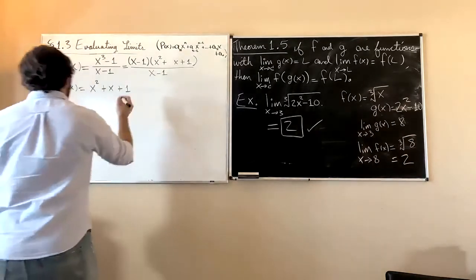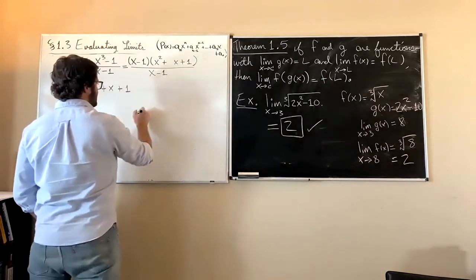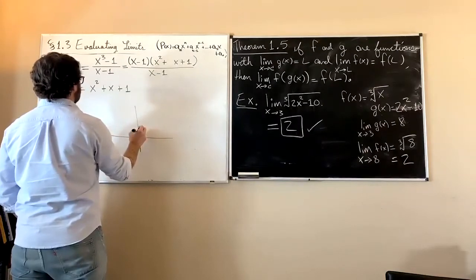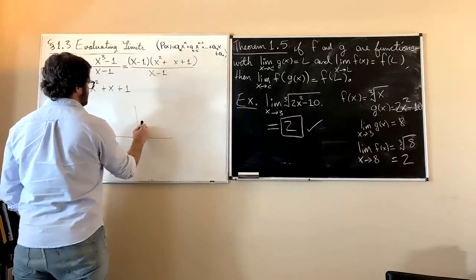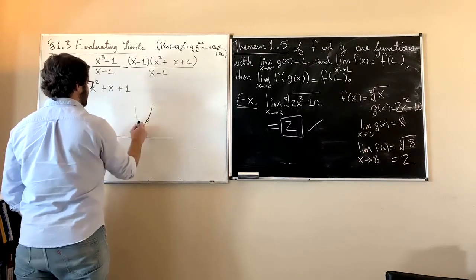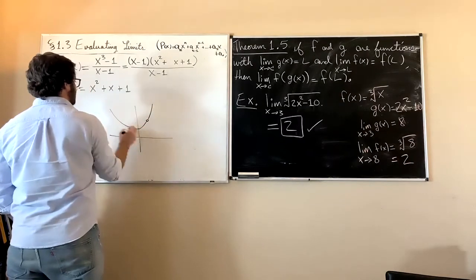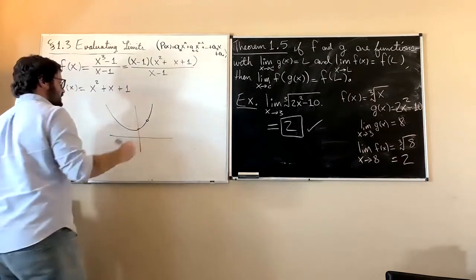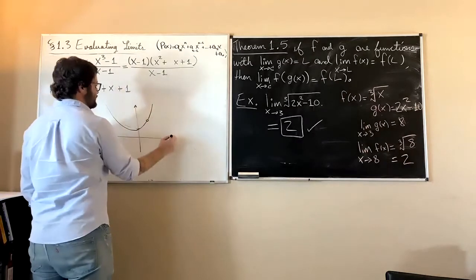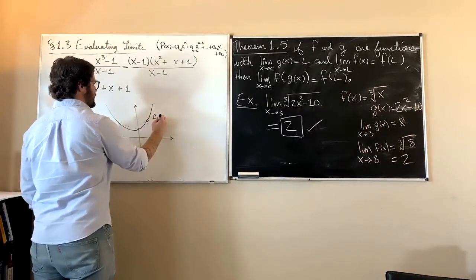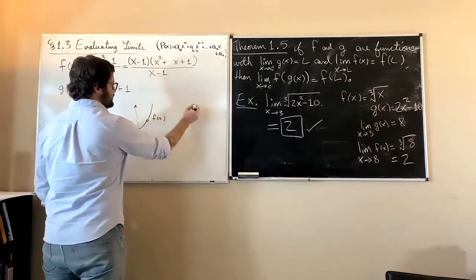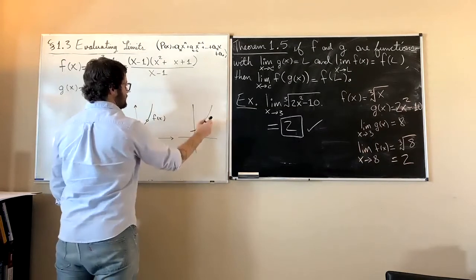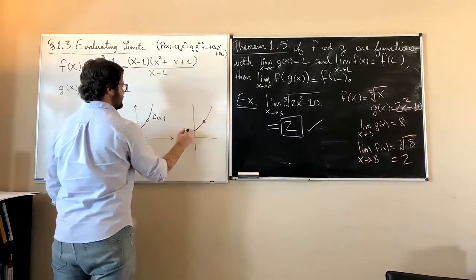So what do the graphs of these functions look like? So x is 0 right here, and then something like that, maybe. So this would be f of x, and then g of x would look like that with the hole filled in.